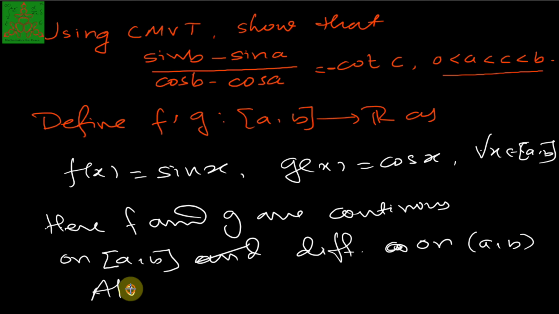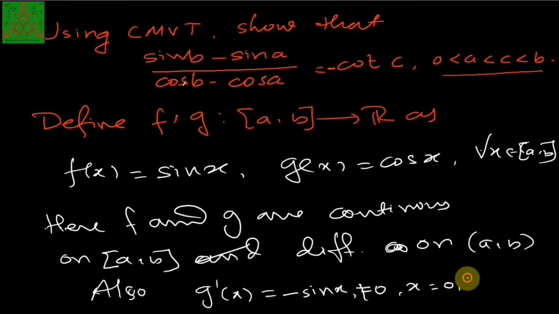Also, the third condition is that g dash of x should be non-zero. The derivative of g is minus sin x, and this is non-zero unless x is 0, plus or minus pi, plus or minus 2 pi. That means this value of b cannot be pi or any of this type, but because it is positive, a should not be pi.